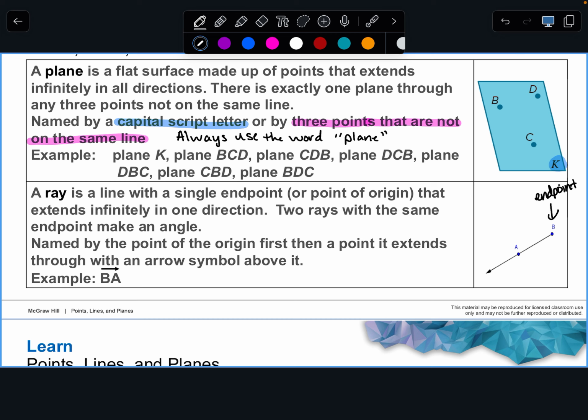This is where it ends, and then it goes infinitely on. When we name it from its endpoint, we say it ends at B, goes through A, and goes on infinitely. And our symbol is always that. We always start with the endpoint and go on.